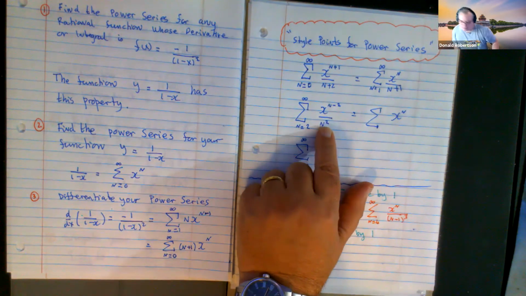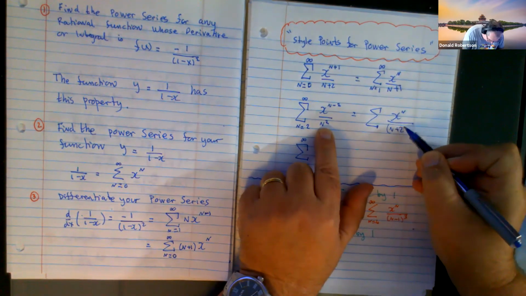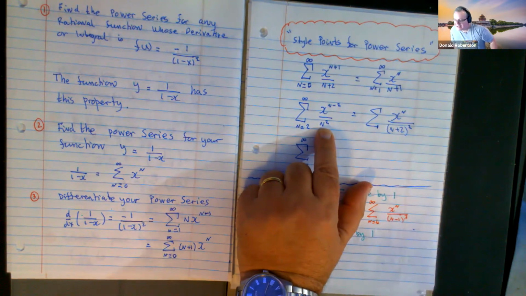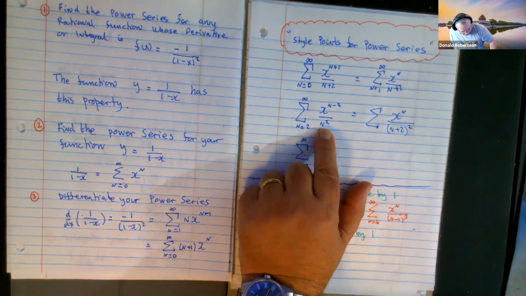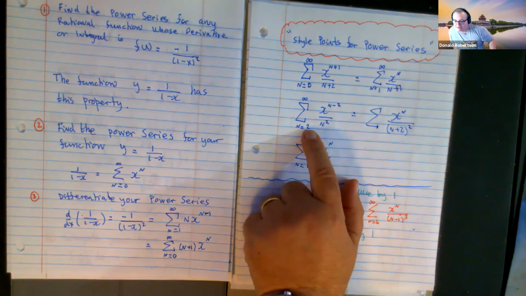Now that means you add 2 to this guy. And by adding 2, I mean adding 2 that way, not n squared plus 2, but n add 2 all squared. You see there's a big difference between those two things. Now, if you add 2 to this fella, what do you do to this guy then?